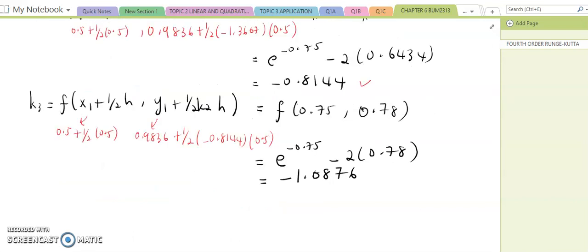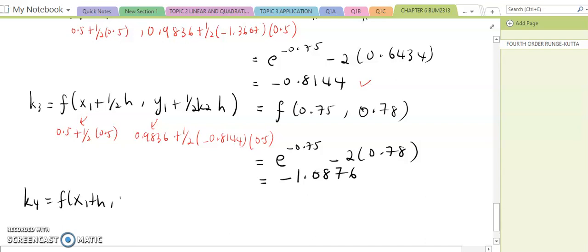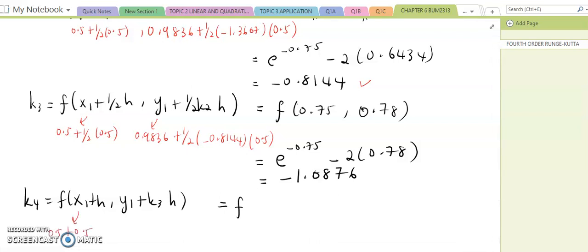And lastly, for k4 value, the formula is f of x1 plus h, y1 plus k3h. So x value is x1 plus h, so 0.5 plus 0.5, so it is 1.